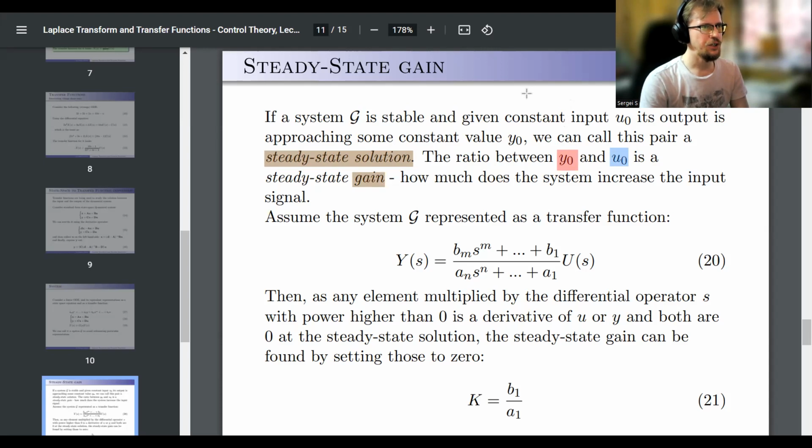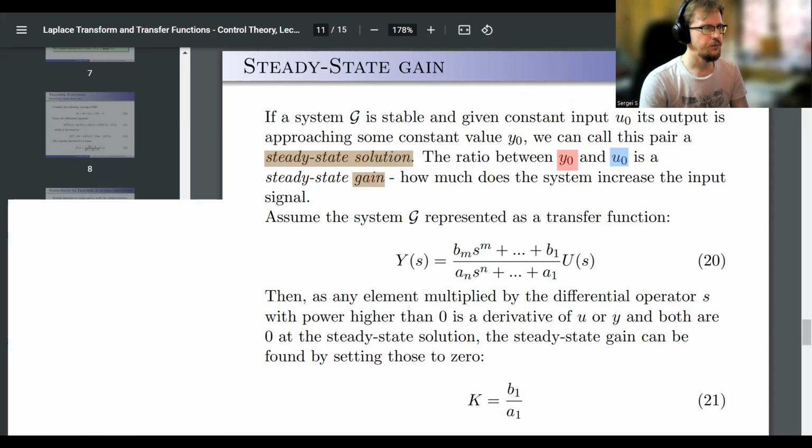So just as an illustration, let me see if I can draw it. Let's say we have here our system. Here is the input signal. I will draw it in blue. Okay, the input signal is this.